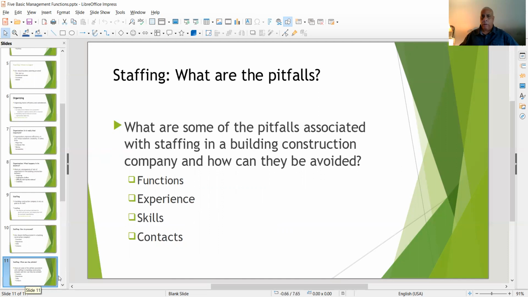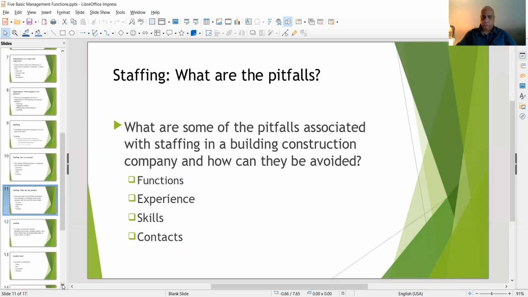Contacts are very important because when it comes to construction, you have to deal with people, and understanding who to go to and who to go through is very advantageous because when it comes to information, we always say it flows downhill, it also flows uphill.